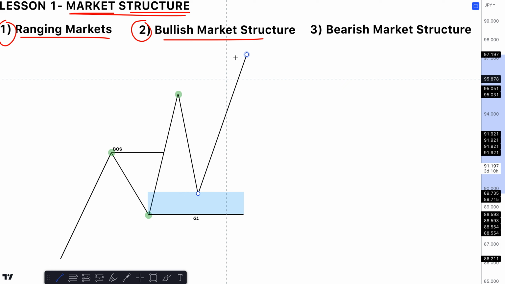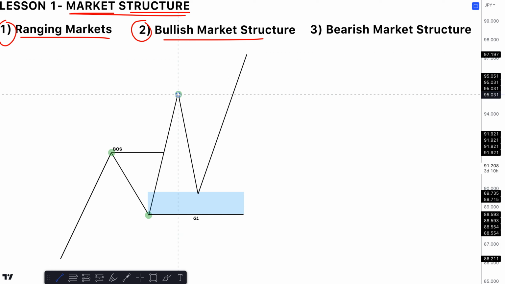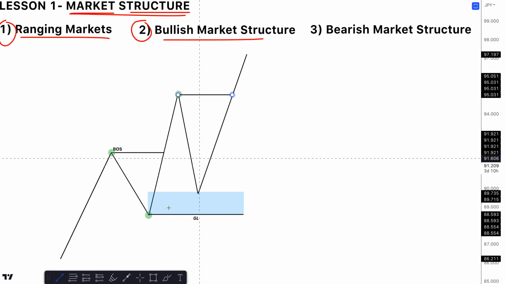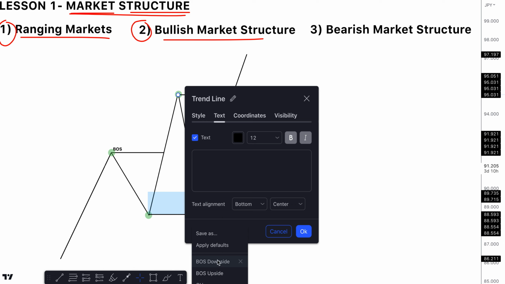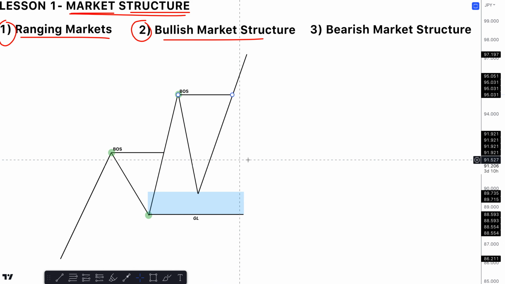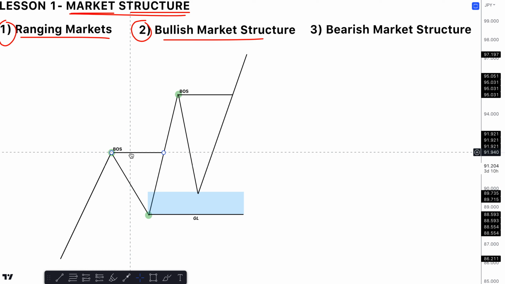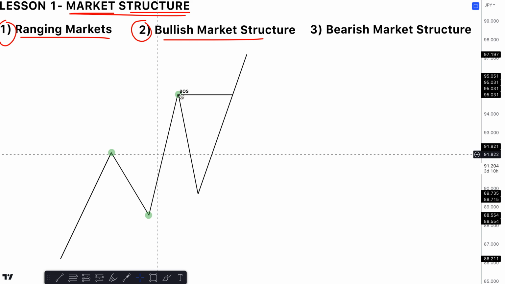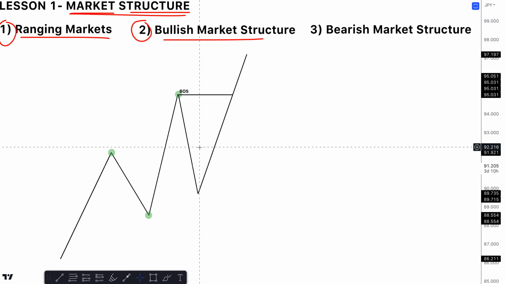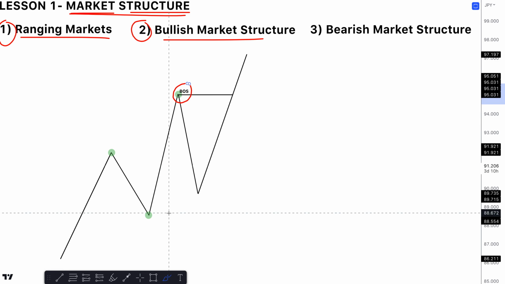If we break strongly to the upside again, we have a new break of structure, BOS, and we can mark on our new guarded low. Another very important concept to note is that once we break structure to the upside again, we have a new break of structure and a new guarded low.